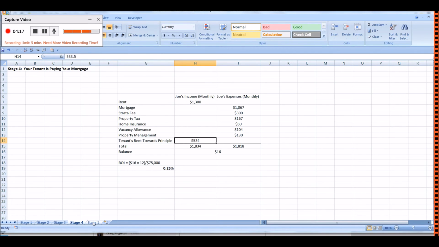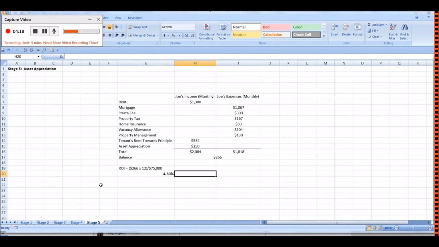The last but not least stage is asset appreciation. Typical apartments appreciate approximately 3%. Obviously, it's not going to appreciate as much as a house, but let's say 3% asset appreciation. This property is $300,000, but we'll be ultra conservative.